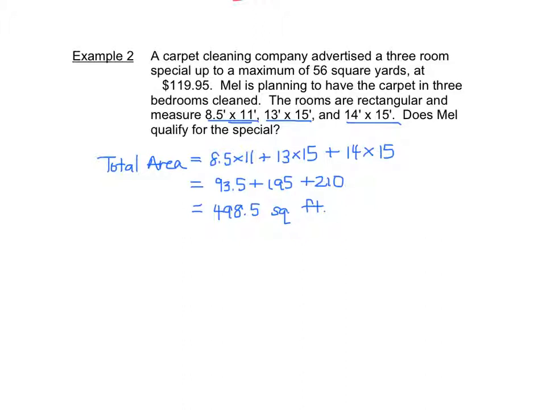So if we are looking at a square yard, a square yard would be 3 feet long on each side, which tells us that 1 square yard is equal to 9 square feet. Therefore, if we want to convert 498.5 square feet to yards, we can do that by dividing by 9.